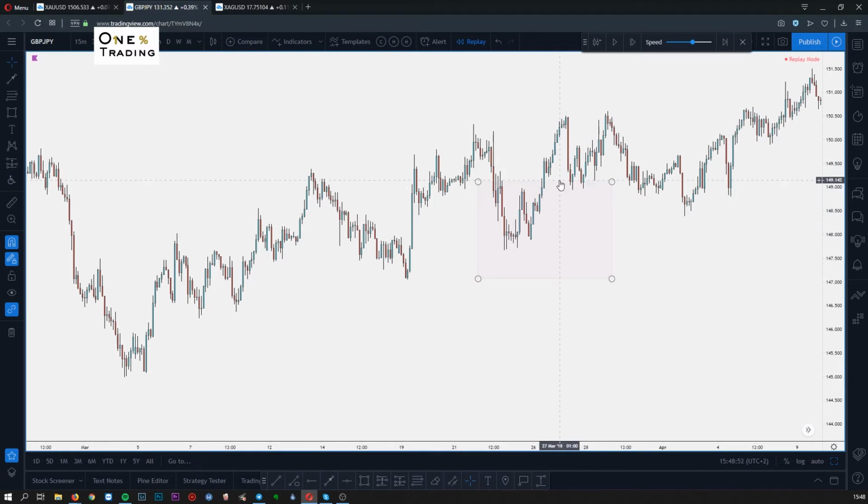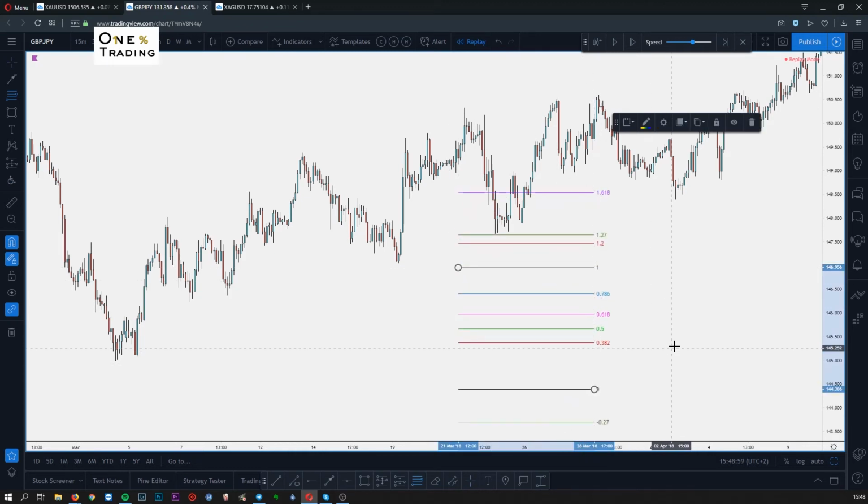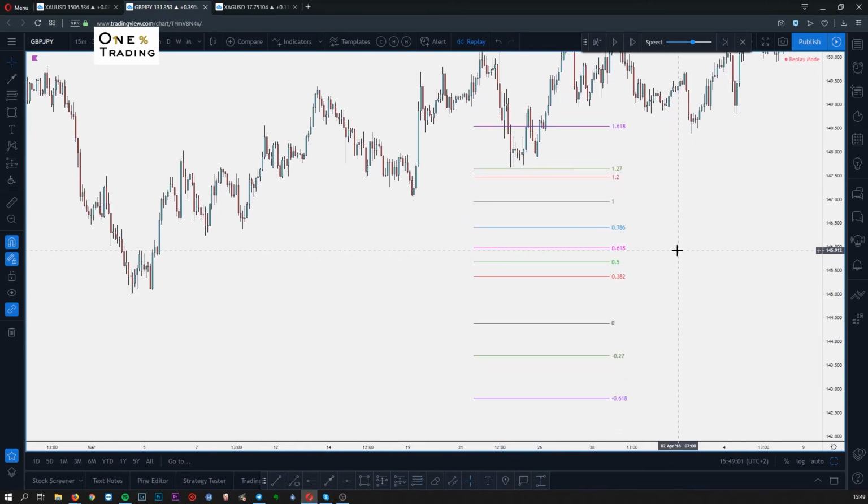If I just demonstrate this once more, so why are fibs useless? Well, let's just do this example again with only lines.